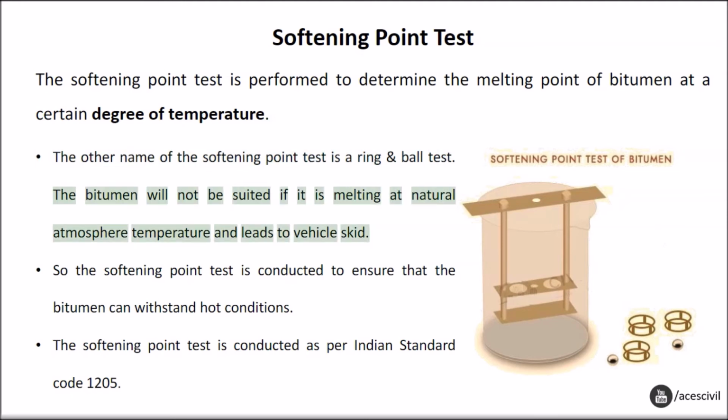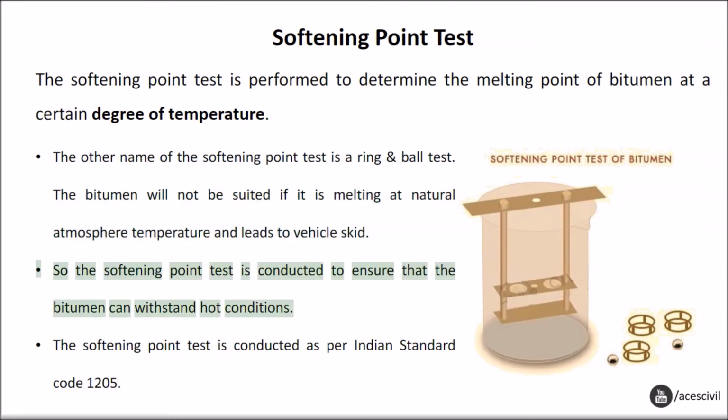Bitumen will not be suitable if it melts at natural atmospheric temperature and leads to vehicle skid. So the softening point test is conducted to ensure that the bitumen can withstand hot conditions. The softening point test is conducted as per Indian Standard Code 1205.